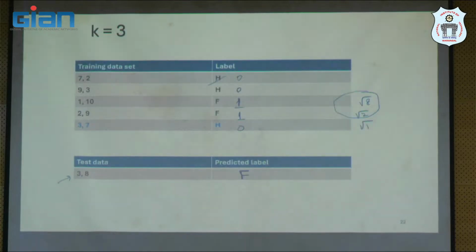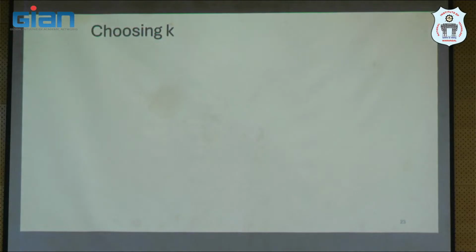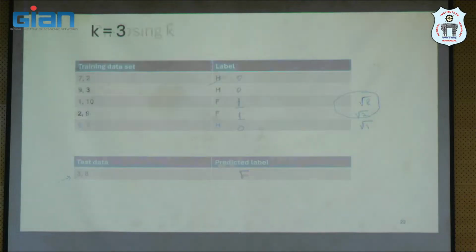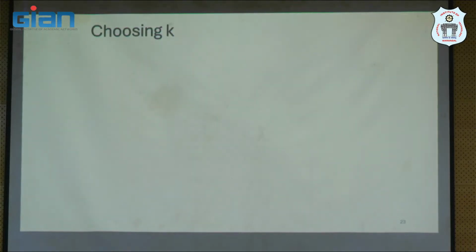So the problem now changes to how to choose k. I have taken a simple example for the sake of time, but in general what we will be doing is a method.